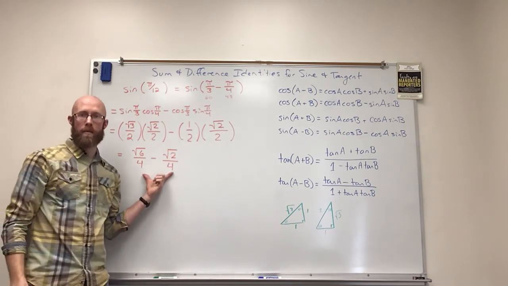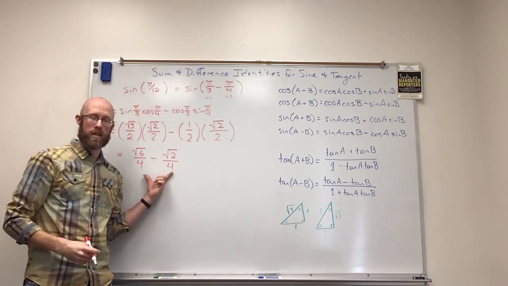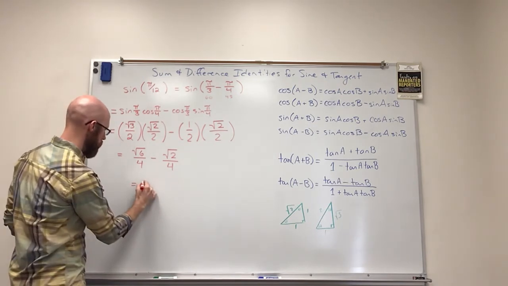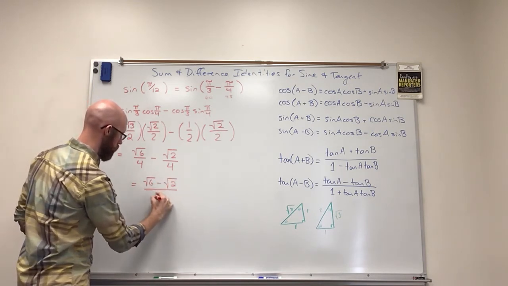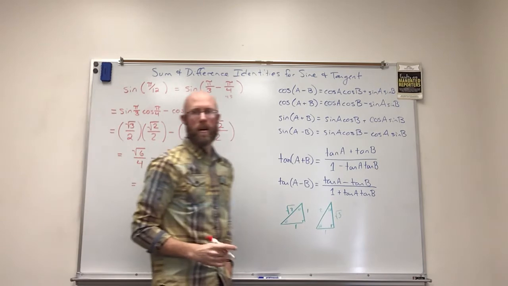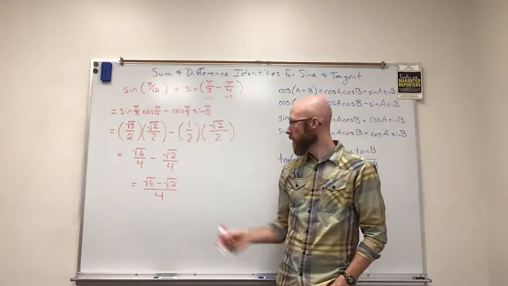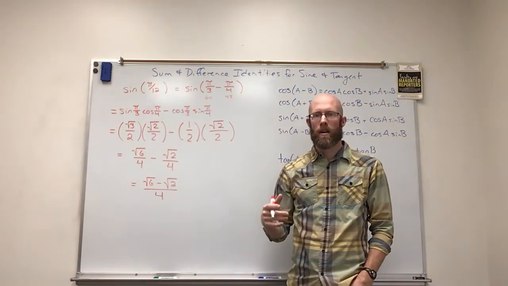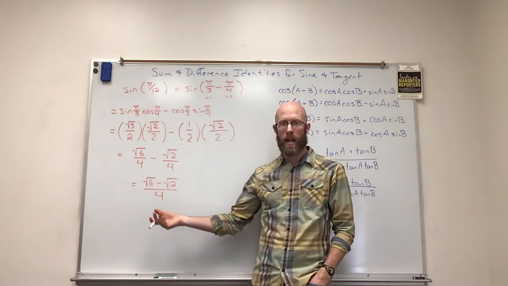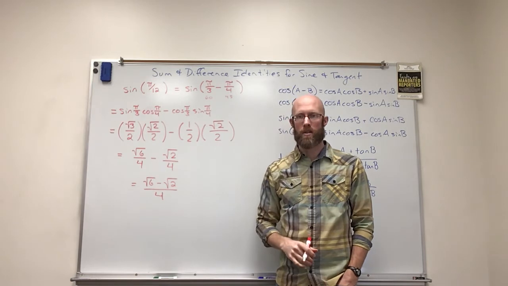Because I have a common denominator, I can get those fractions together and just call that root 6 minus root 2 all over 4. There's nothing else I can simplify. I can't factor out or reduce the numerator. It has no common factors with the denominator, so it's as simple as it gets.